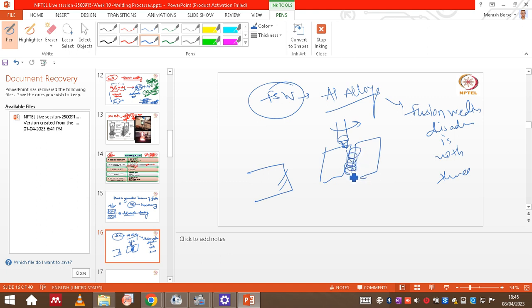So here it is not only the interface, the material at the joining place is also processed, right? So the entire material is processing, so it's a kind of macro deformation. In other words, we can also say it's a bulk deformation, right?